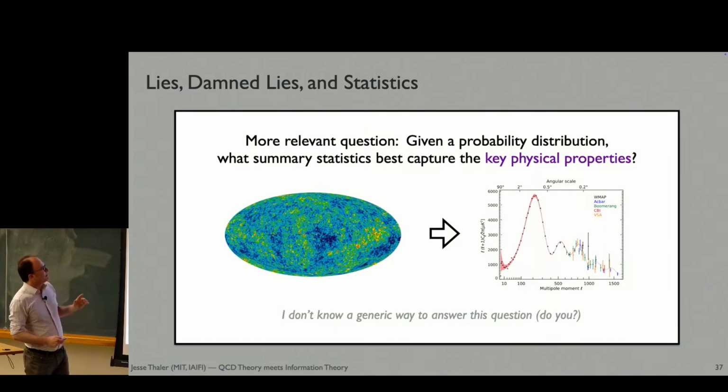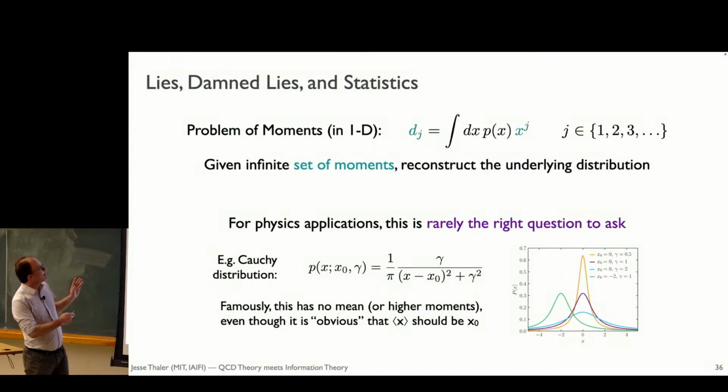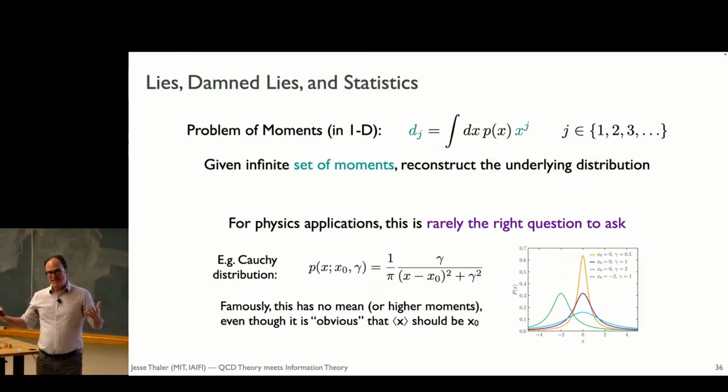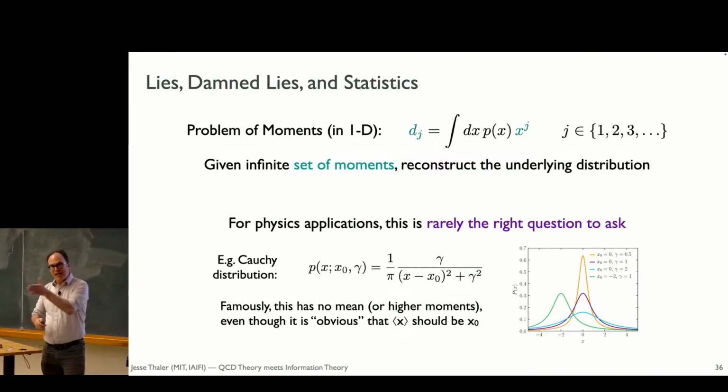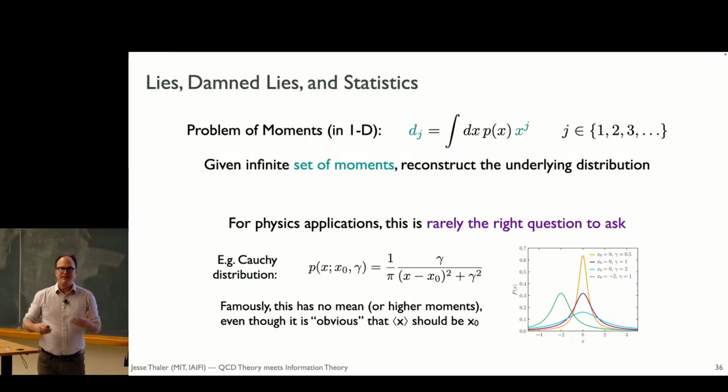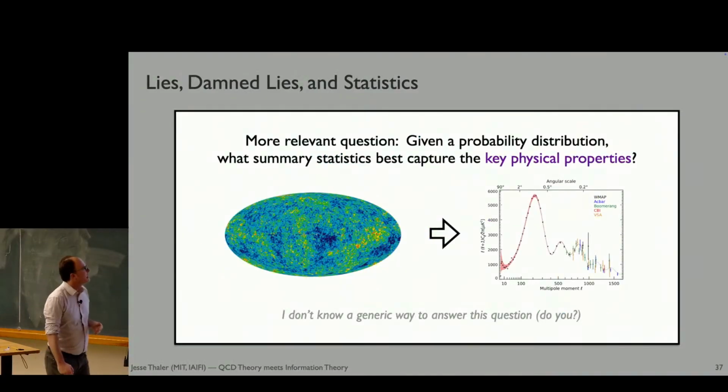As I said here, the general problem of moments is not well defined. And yet moments, or summary statistics, are a good way of capturing probability distributions. So for each domain, you can ask, what are the summary statistics that are best for the problem at hand?